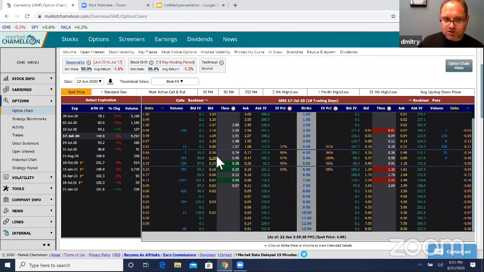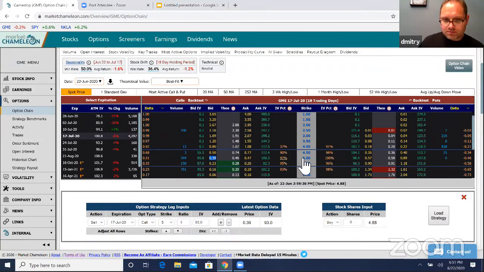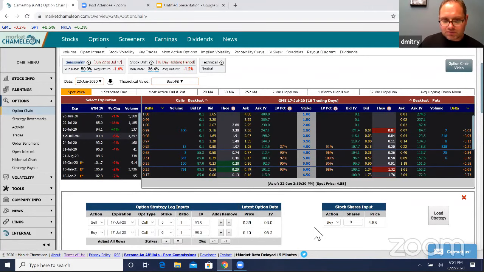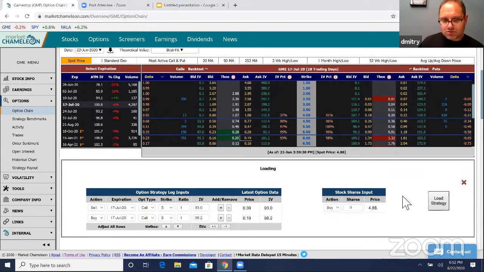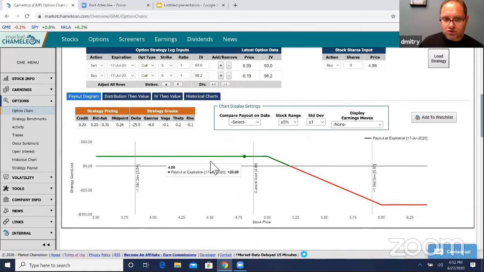That would be this strike. The 25 delta call is over here. So you would buy this at 19. So that's how this strategy would look, a bear call spread, because you're selling the 50 delta and buying the 25. You would make this 20-cent credit.